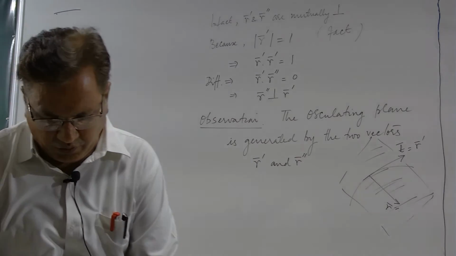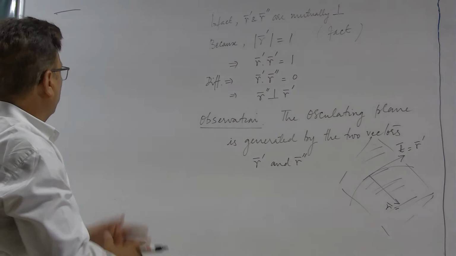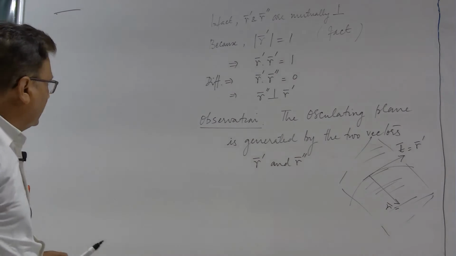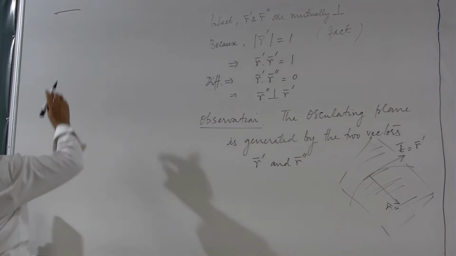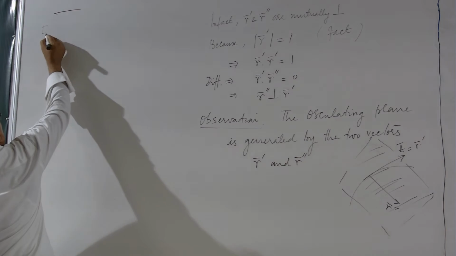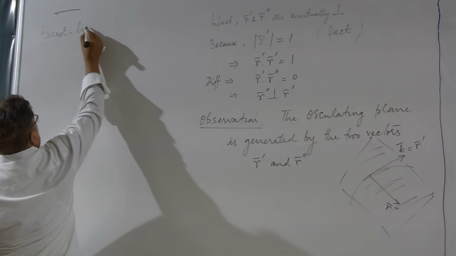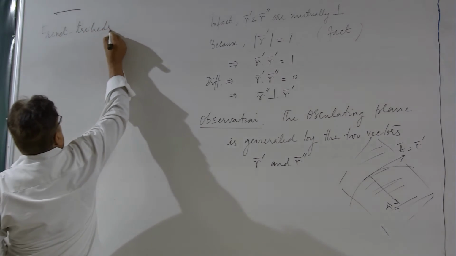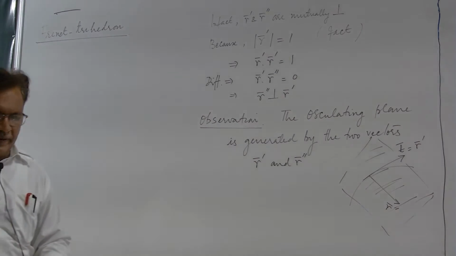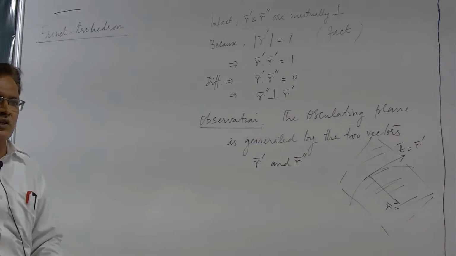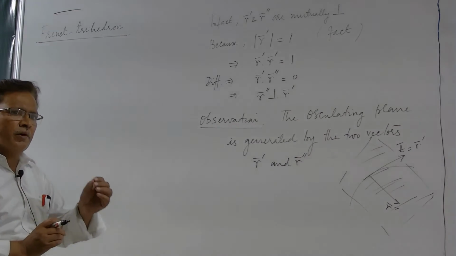Now, we move on to the Frenet trihedron. So, there is a collection of three vectors, we call them the Frenet trihedron. The Frenet trihedron is a triplet of three mutually perpendicular vectors, which we associate to every point of the curve.